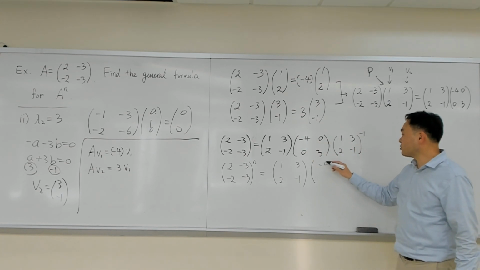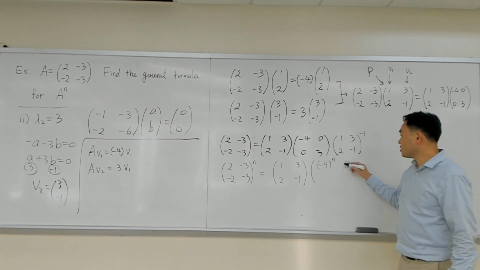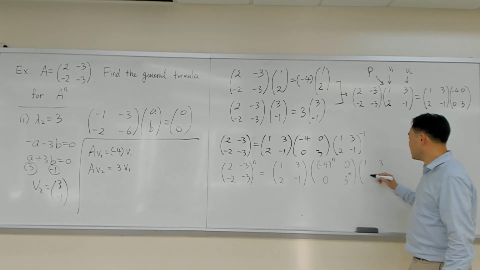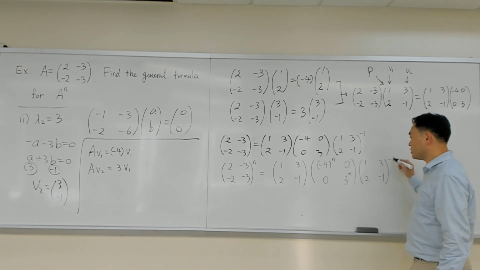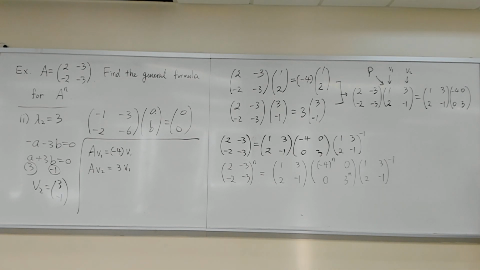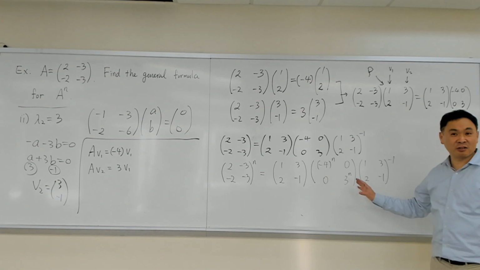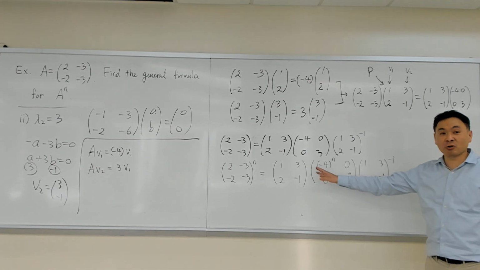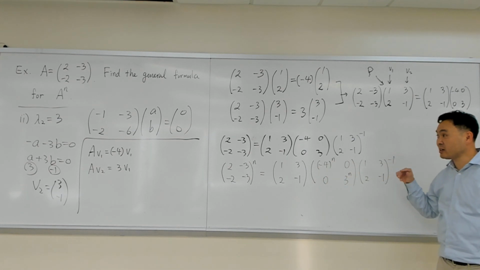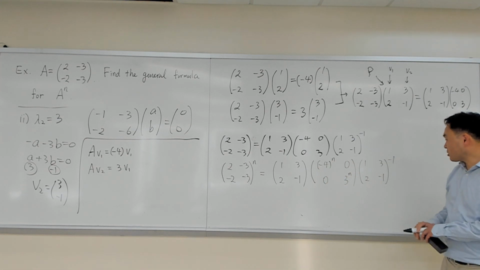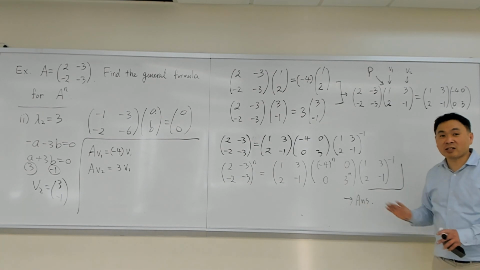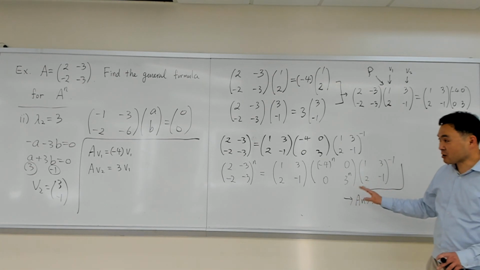So you get negative 4 to the nth power, 0, 0, 3 to the n, then 1, 3, 2, negative 1, inverse. Okay. Now, in practice, this is all you need. When you're trying to do the power series, you just need to know this. You don't have to compute explicitly after this, but this is what I consider a fully correct 100% answer.